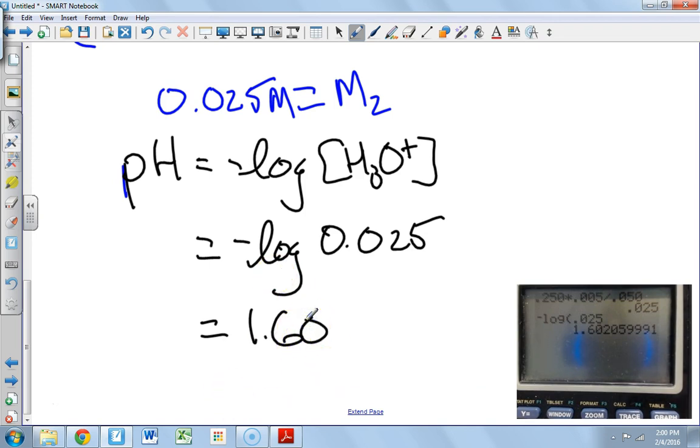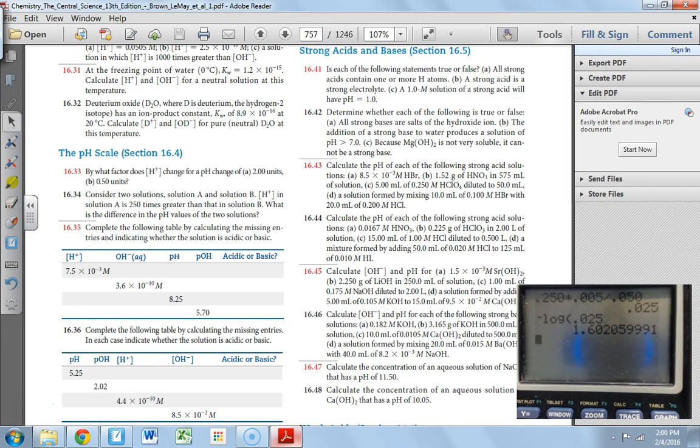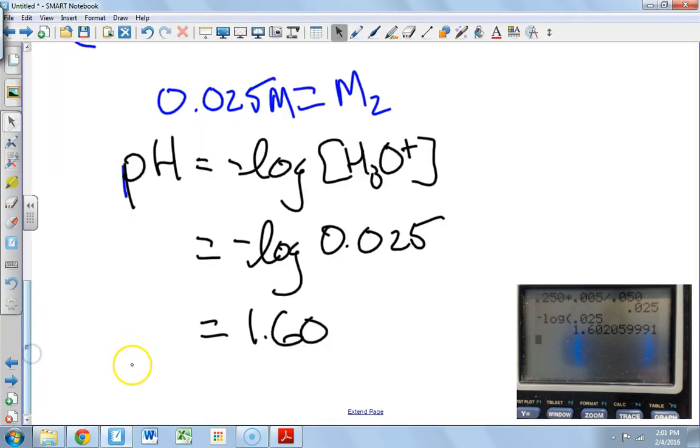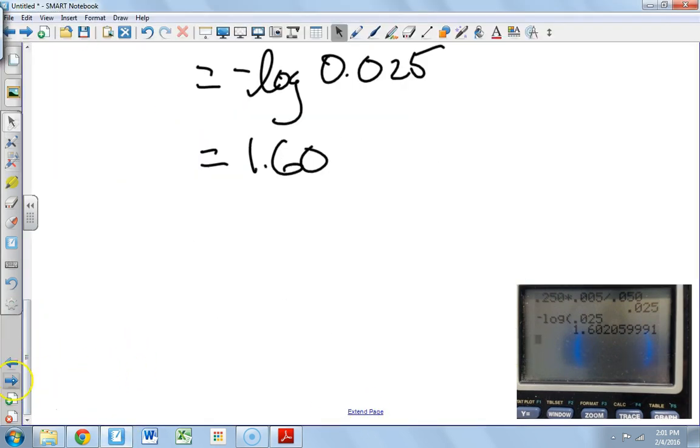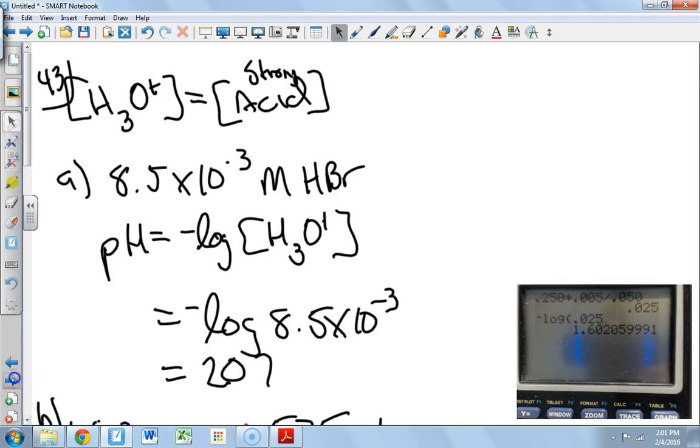Okay? So now let's take a look at part D of this question. The solution is formed by mixing 10 milliliters of 0.1 molar HBr with 20 milliliters of 0.2 molar HCl. Okay, so this is kind of interesting. For this question, let me get a new sheet here.